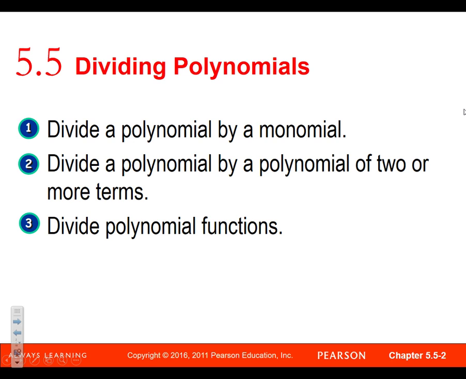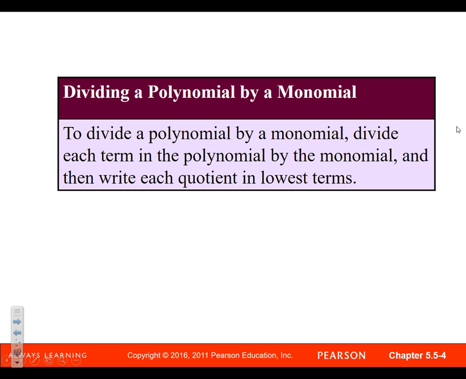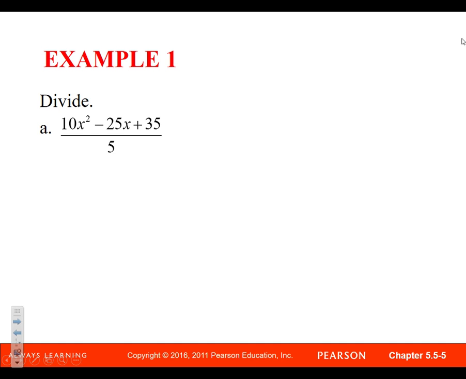So let's get started with objective 1. Divide a polynomial by a monomial. Something like this. What you're really looking at is 3 fractions that were put together because they had a common denominator. Do you guys remember when you used to do 1/3 plus 1/3?